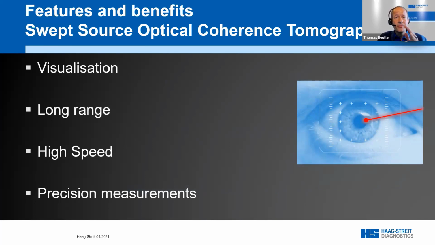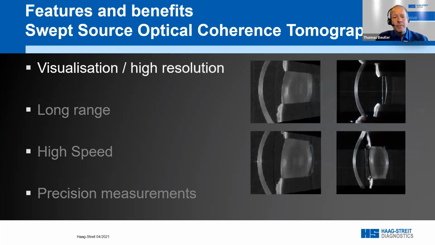So basically from the cornea to the retina, we want to see everything at once. And we want to have precision measurements. And this is one of the key parts, specifically in topography and the anterior chamber analysis, as well as for refractive purposes. So Swept Source OCT provides us with all this in one modality.